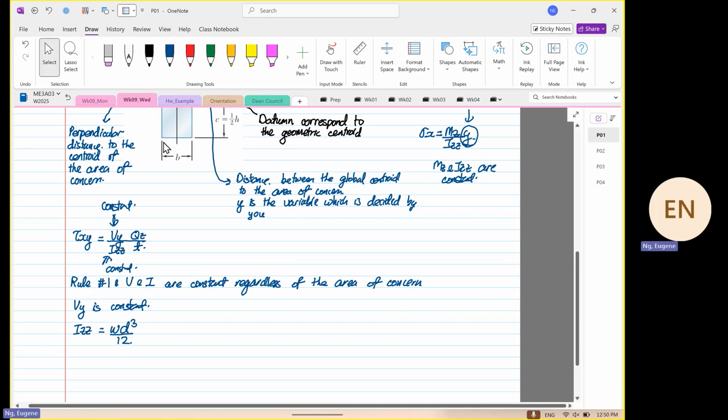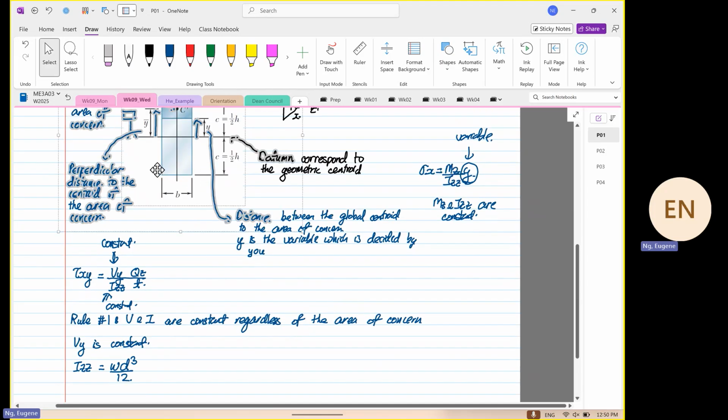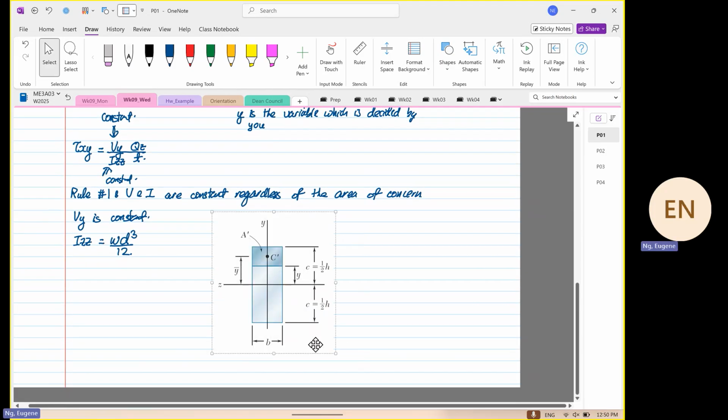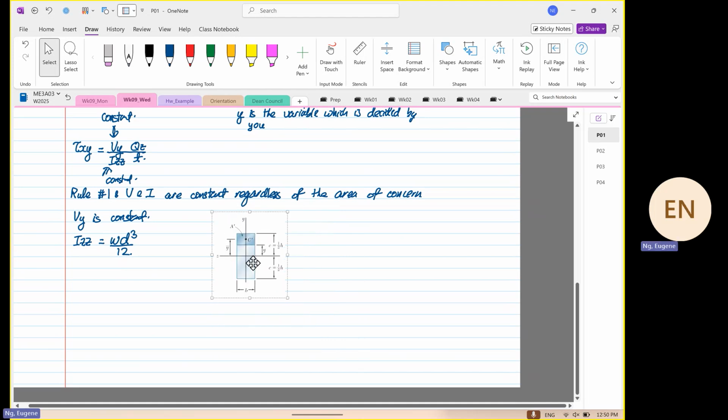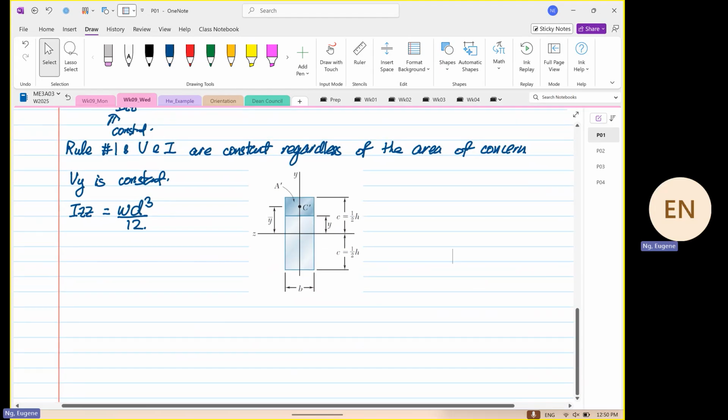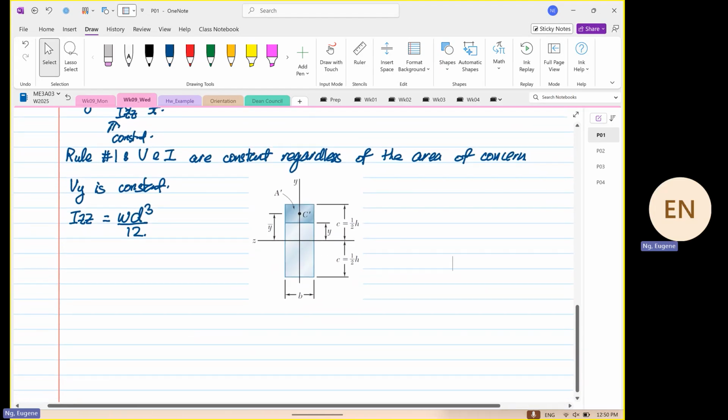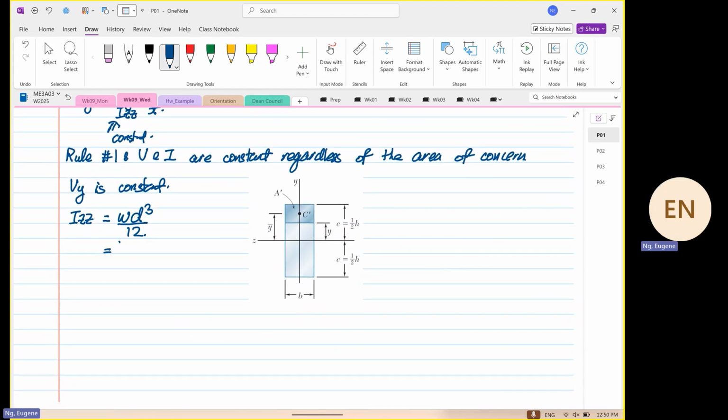Okay, so I'm going to get this diagram over here. And you guys are experts in finding Izz already, right? So we know that it's width times depth cubed over 12. So this will be equal to B, the depth, so we know that there's C over here, C plus C is 2C, cubed over 12.